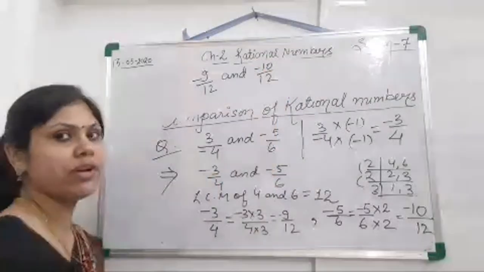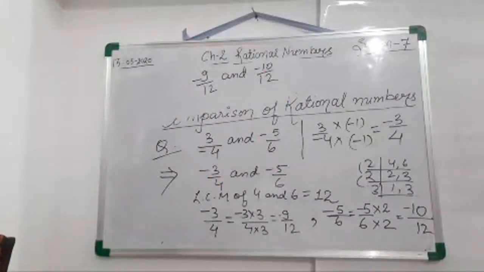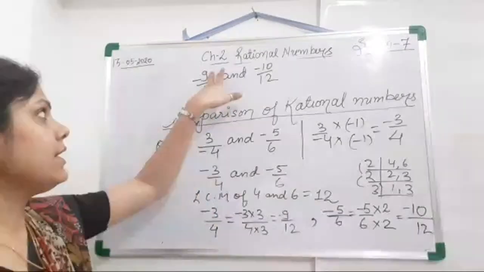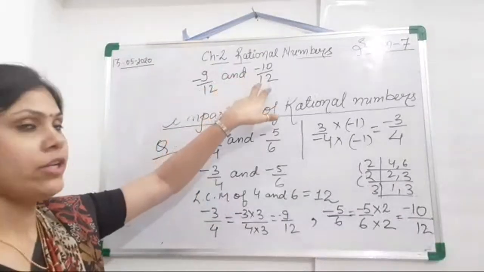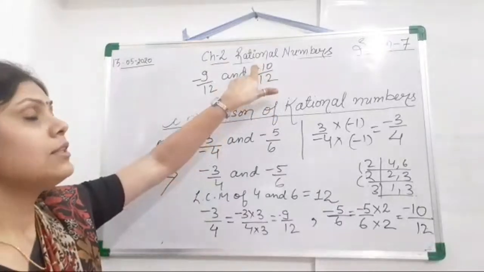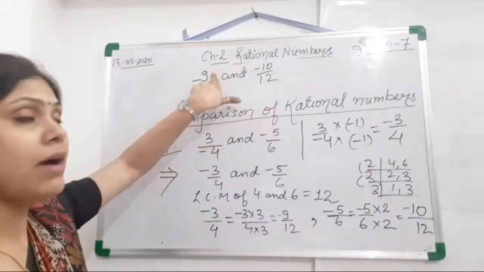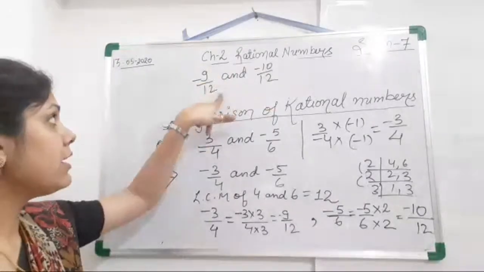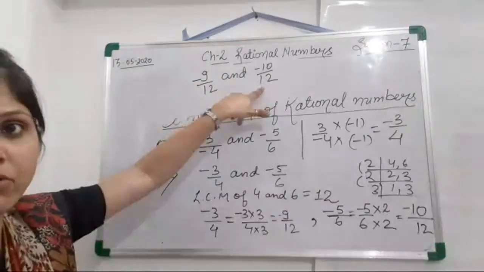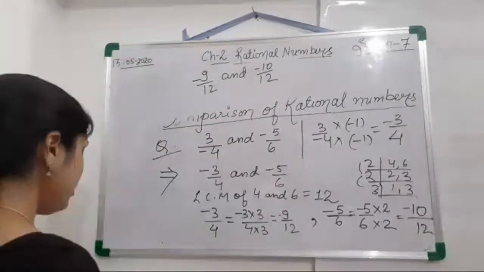So which one is greater? In negative numbers, which numbers are greater? Here, minus 9 upon 12 and minus 10 upon 12. You know minus 10 is smaller than minus 9. That means minus 9 upon 12 will be greater than minus 10 upon 12.